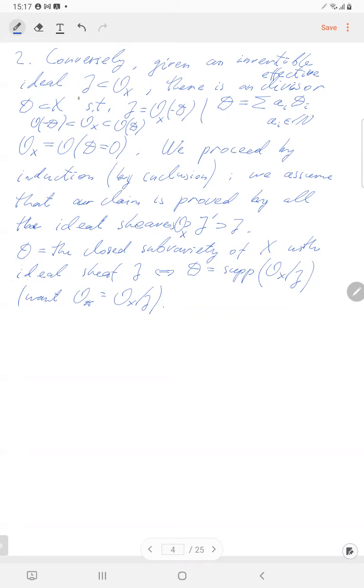Now, first of all, we have to check that it has really codimension 1, because it could be just a point or some abstract closed subvariety. So why does it have codimension 1? Well, any suggestions?